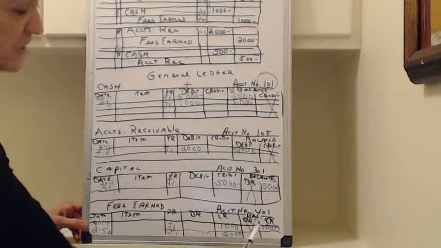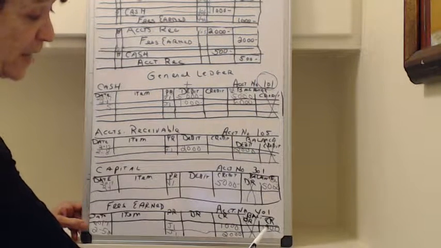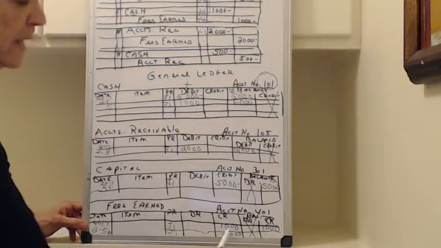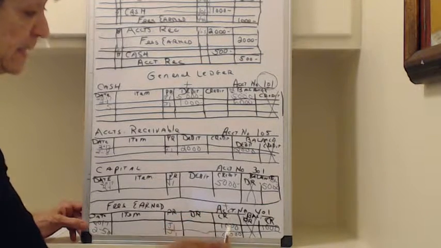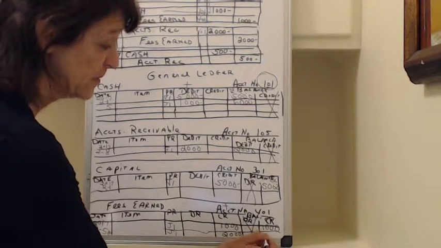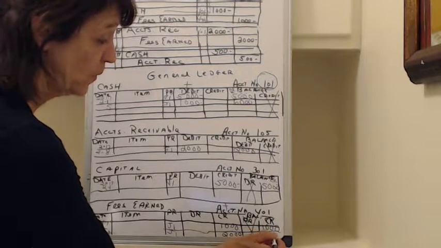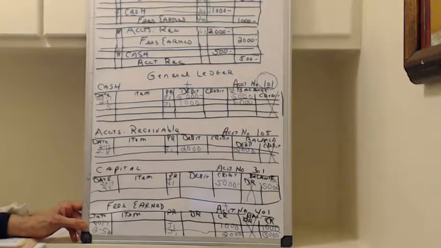So my balance changes. I have a credit already of 1. I'm adding another credit of 2. This is your plus side. So 2 and 1 is 3. So far he's earned $3,000.